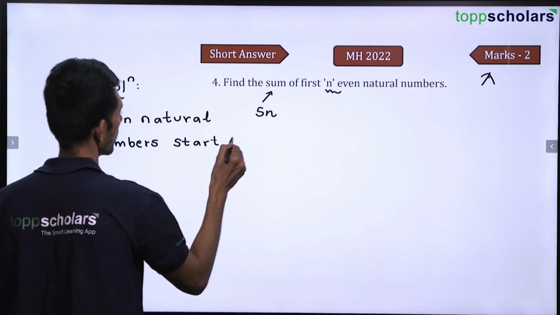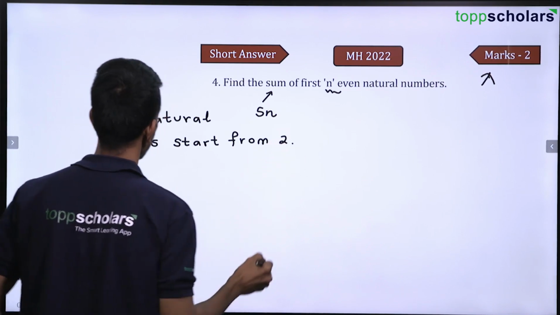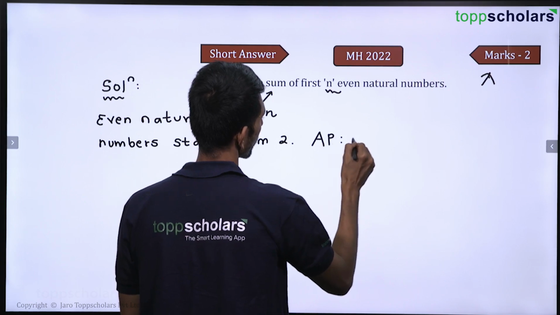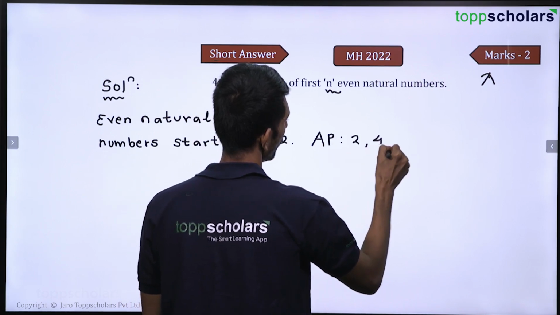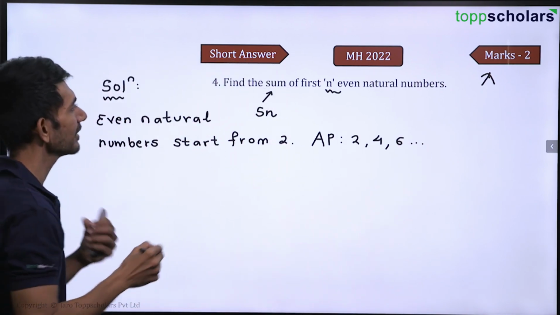We start from 2 and they form an AP. That is 2, 4, 6 and so on. So these are even natural numbers.